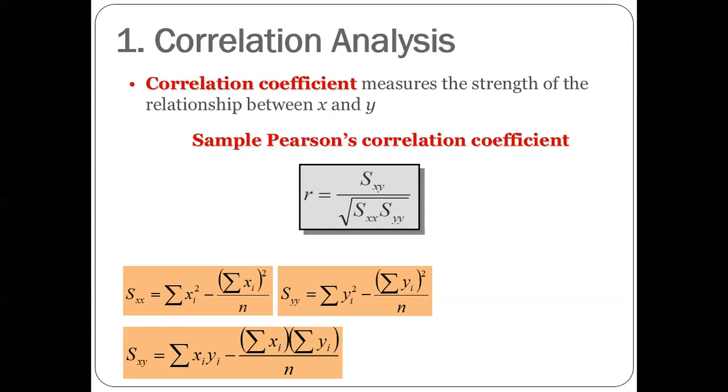This is the formula for Pearson's correlation coefficient, which is R. R equals Sxy divided by the square root of Sxx times Syy. x refers to the first variable and y refers to the other variable.